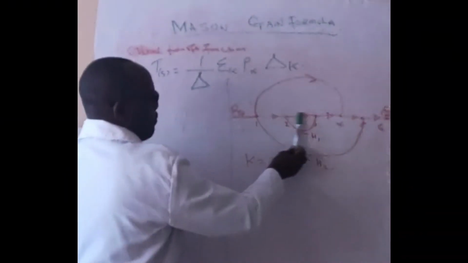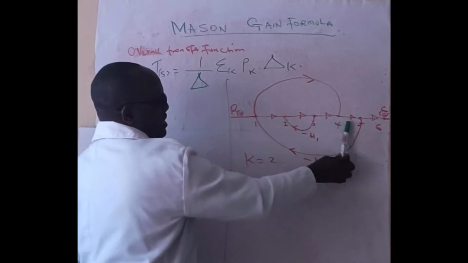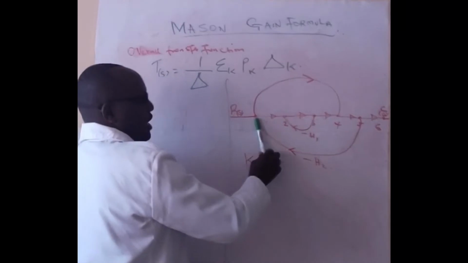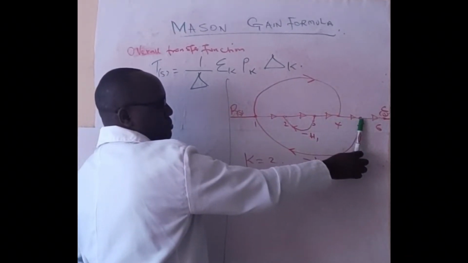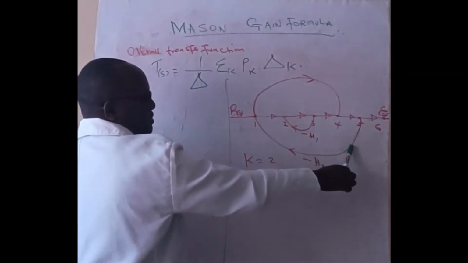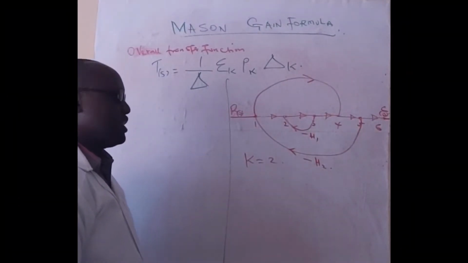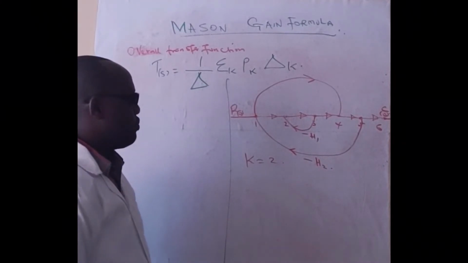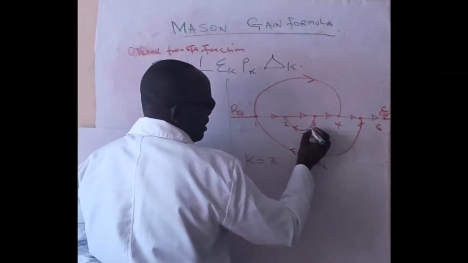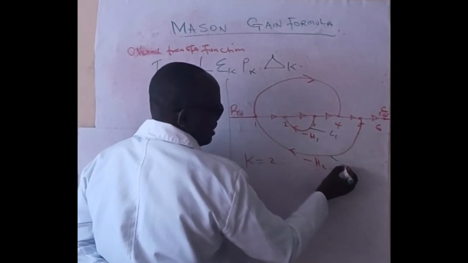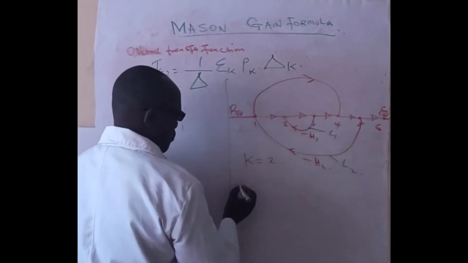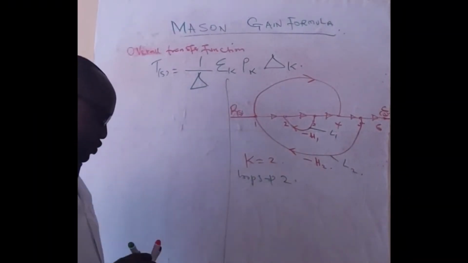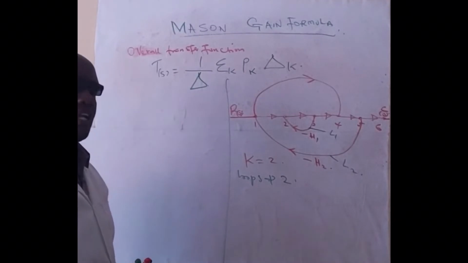So it starts from here, and then it goes up to this point number 5, and then it goes back to its reference point. That one forms another loop. So we can take this one to be loop 1, and then this one loop 2. So we've got two loops. So from there, our formula seems.